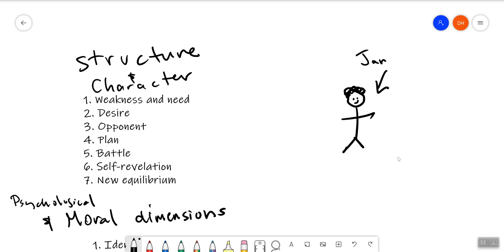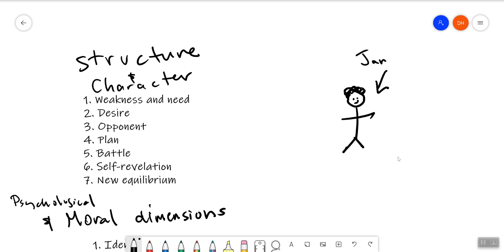Now when we are building a character, remember that there are internal and external problems they face. That's just like us, right? An external problem would be your bills, for example, or going to school. Not that I would label school as a problem, but you know what I mean.